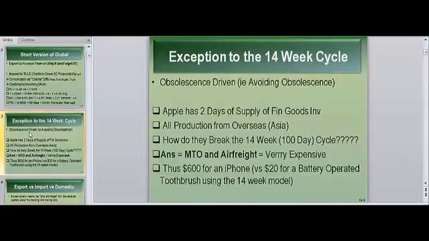versus $20 in our business case for a battery operated toothbrush. So the battery operated toothbrush, say that 3 times fast, uses the 14-week model to keep costs low.